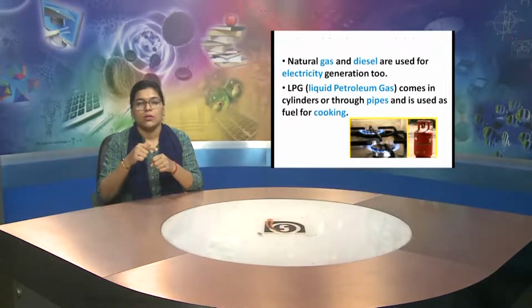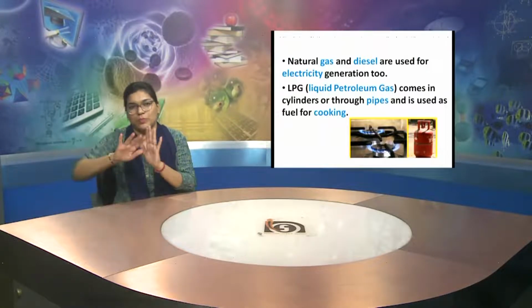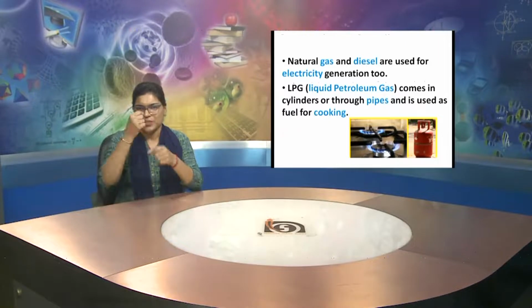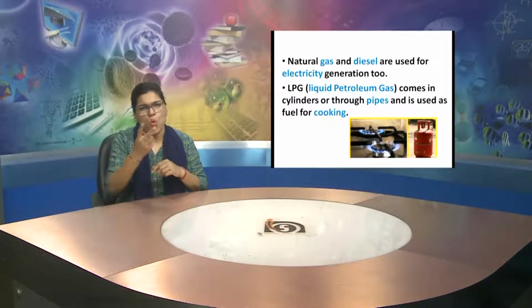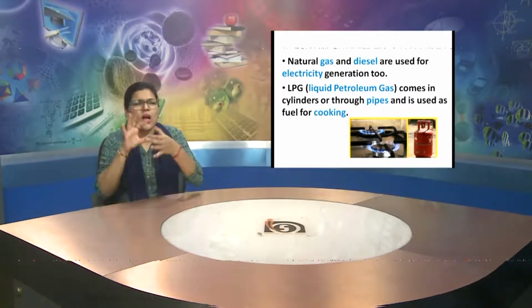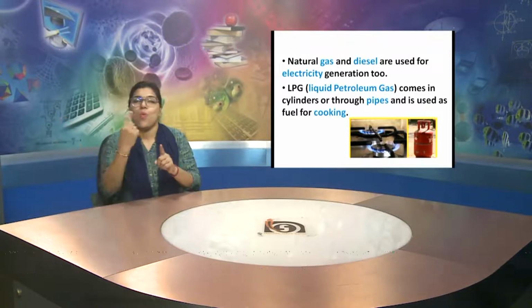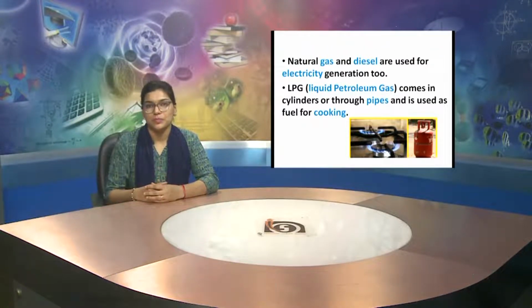It comes in the cylinder through pipes, and in our home it is used as a fuel for cooking purposes. LPG is used for the cooking purpose and CNG is used for the transportation.